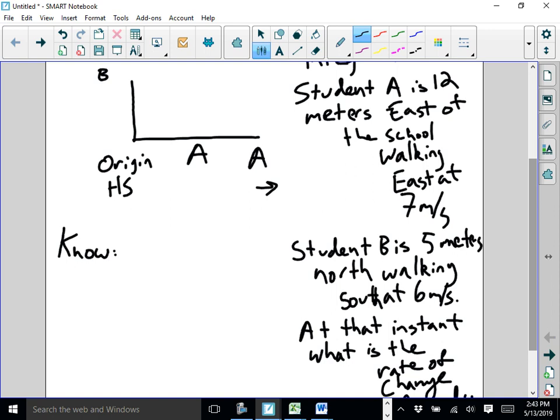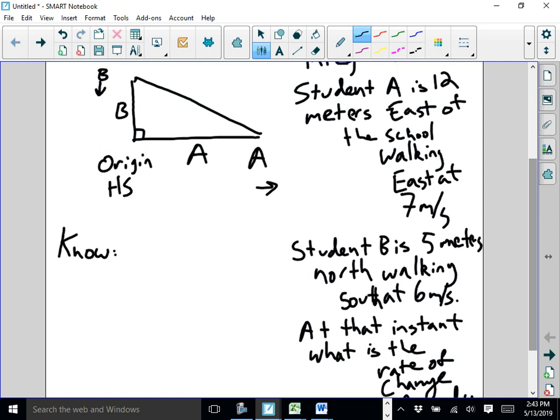So I'm going to call this side of the triangle B. The question is, what is the rate of change of the distance between them? Well, the distance between them is the hypotenuse of this right triangle. We should name that a letter because it's going to be changing. We name letters to things that are going to be changing in the problem. If something was constant, like a ladder sliding down a wall, and the ladder is 15 feet long, I'll just call the hypotenuse 15. But since the distance between the students is changing, I'm going to call it variable C.